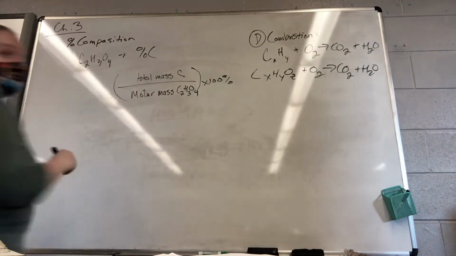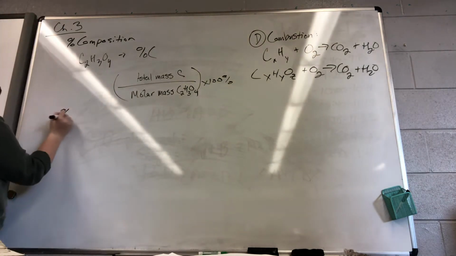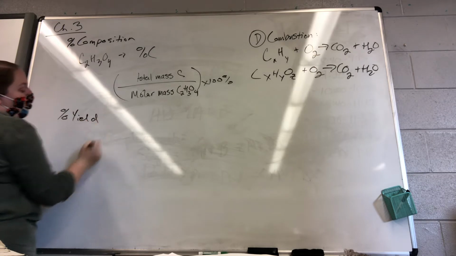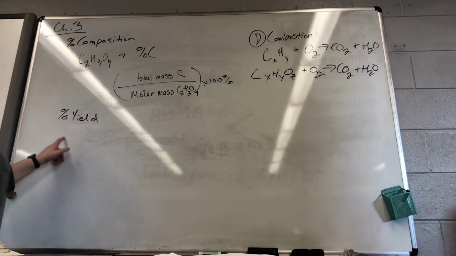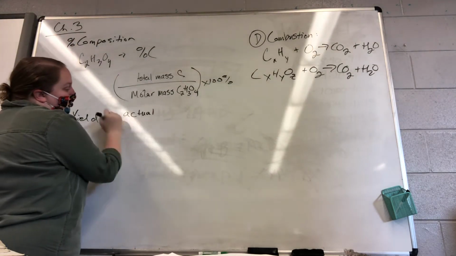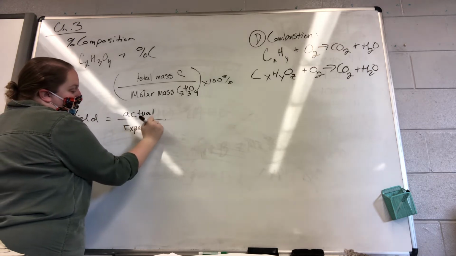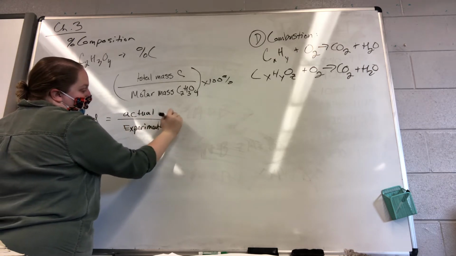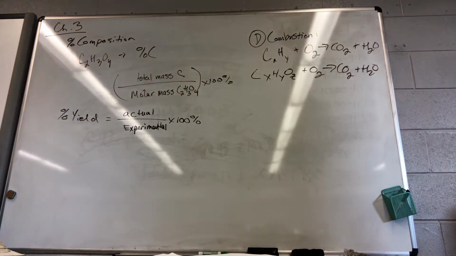You said percent yield as well? Percent yield is going to be a formula. We've done this in lab a few times. With percent yield, we're going to do actual over experimental times 100%.